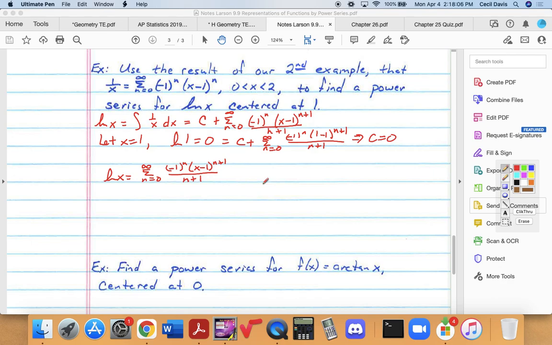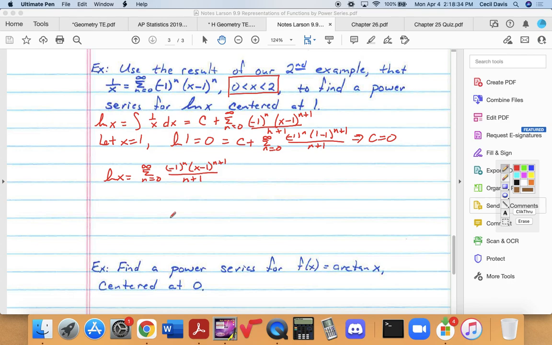And we really should check the domain for this. We know that this original function had a domain from 0 to 2, but it wasn't inclusive of either one. Can my integral be inclusive of those? Yes. If it takes the derivative, it can't be inclusive of those, but if we take the antiderivative, it could.